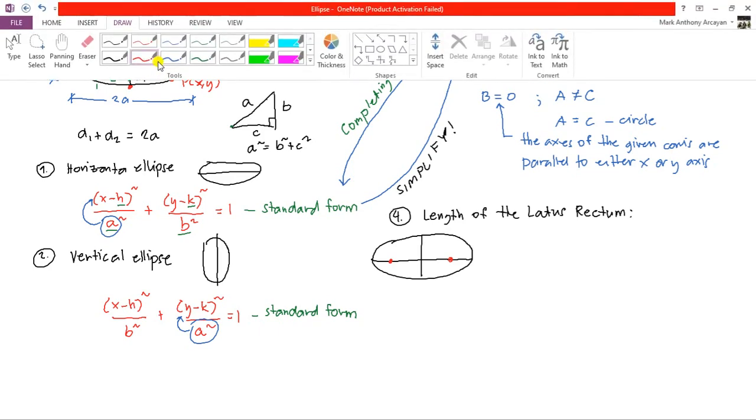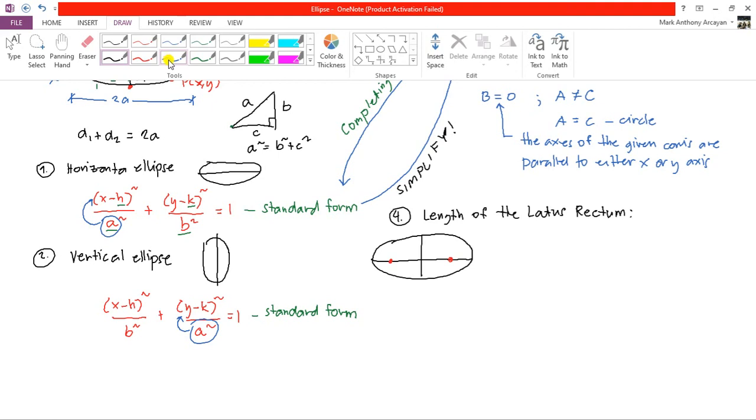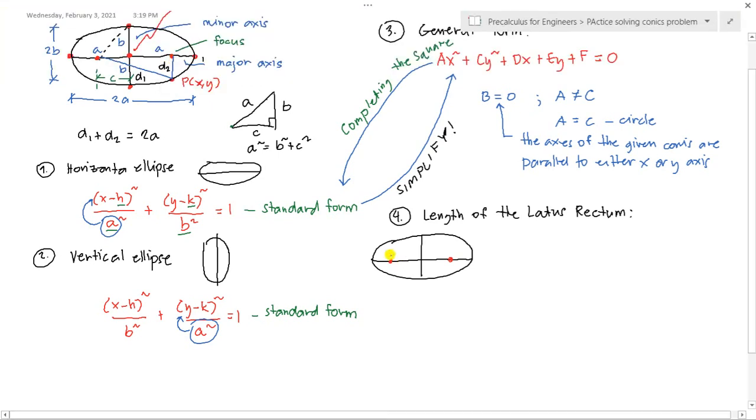Now, if we're going to draw a line that will pass through the foci, mo intersect pod siya sa ellipse. So naka-vertical line tripod sa pikas. This one, ang line nga na-generate, ang length ana niya is the length of the latus rectum.